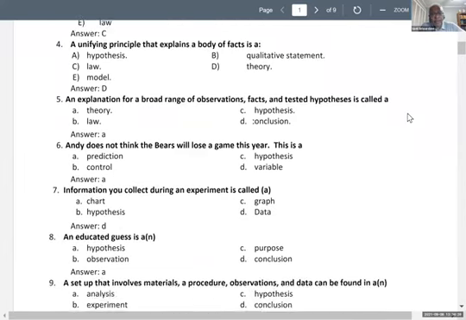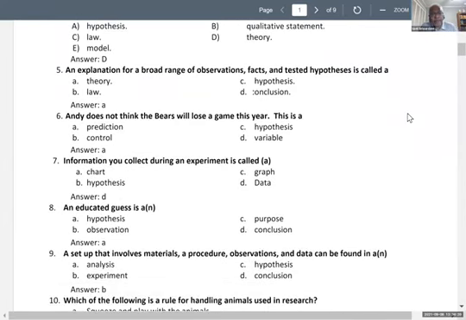Okay, I did number 4. Number 5. An explanation of a broad range of observation facts, a tested hypothesis, is called a theory. Everything is explained, and a tested hypothesis becomes a theory.